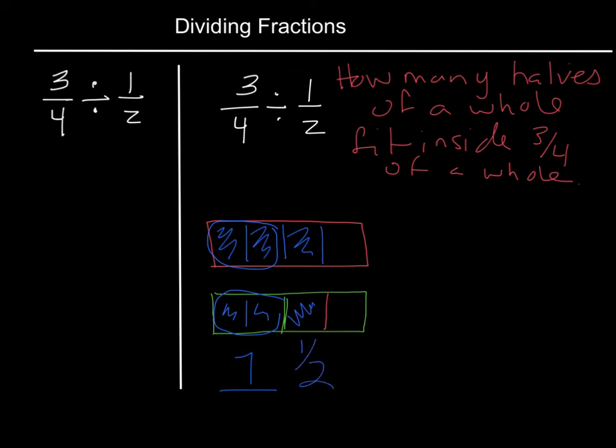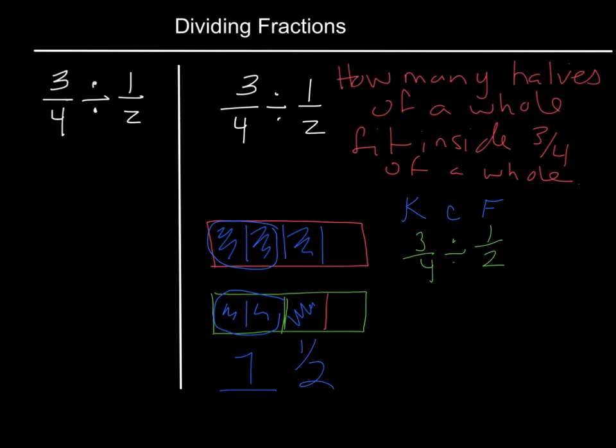So then I'm saying 3/4 divided by 1/2 is equal to 1.5. Now we'll do that keep, change, flip, multiply thing. So 3/4 divided by 1/2. I keep the first one, change that to multiplication, and flip that one to the opposite.